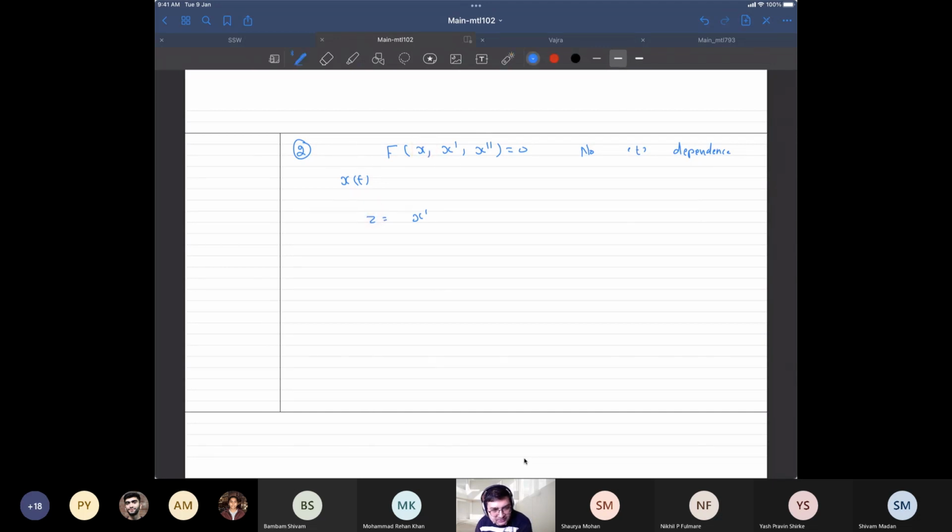Let me show you how to do that. Note that x'' = dx'/dt, which is equal to dz/dt, which is equal to (dz/dx)(dx/dt). Since dx/dt is z, this is z dz/dx.